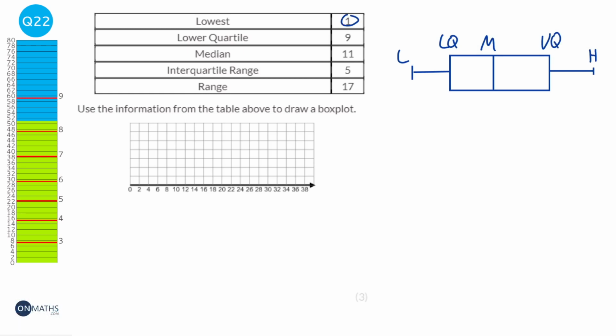So we're going to put a line at 1, a little bit further to the right. There we go. And our lower quartile is 9, which is where the box starts. So we're just going to start a box there. We're just going to connect these up. There we go. And our median is 11, so we're just going to show that.